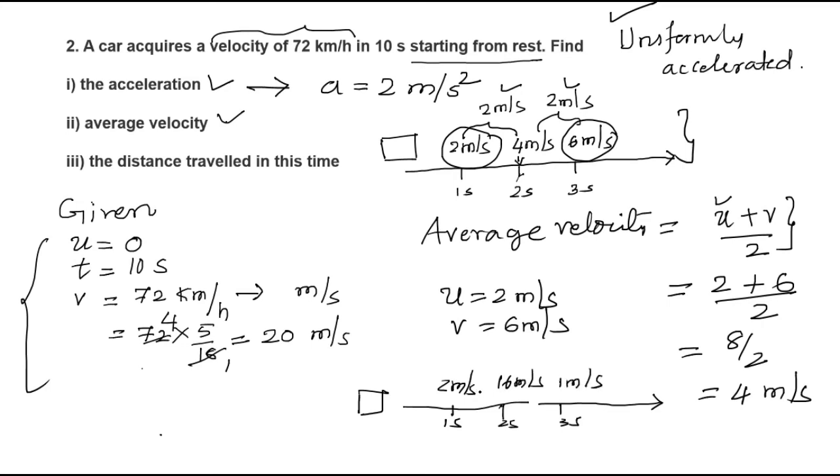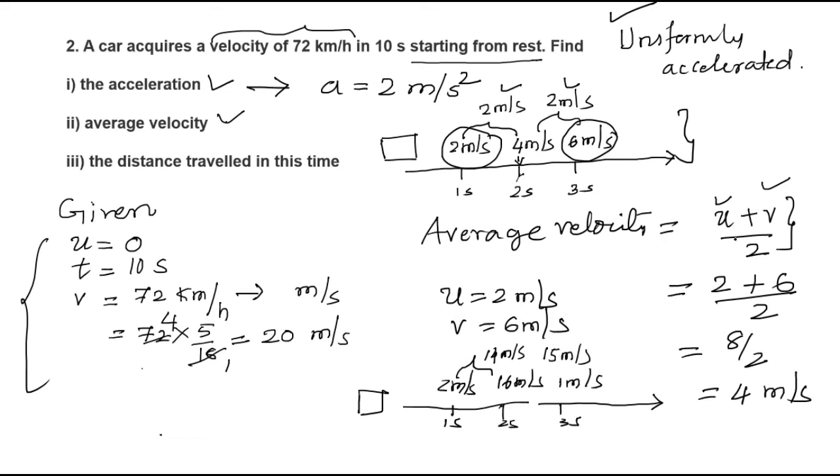Now this is not uniformly accelerated, because here the velocity changed by 14 meter per second, and here by 15 meter per second down. In this case we cannot use this equation. So this average velocity equation should be used only for uniformly accelerated motion.